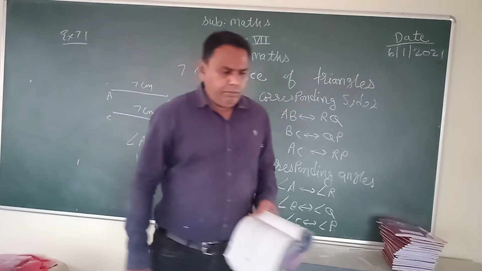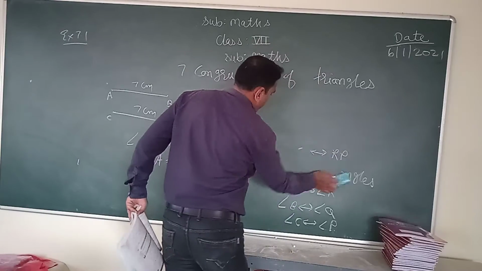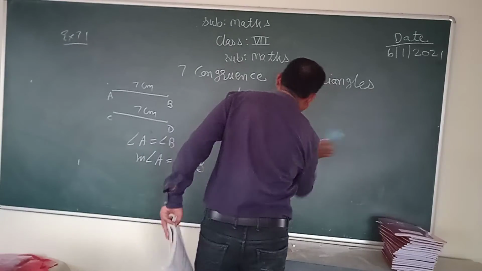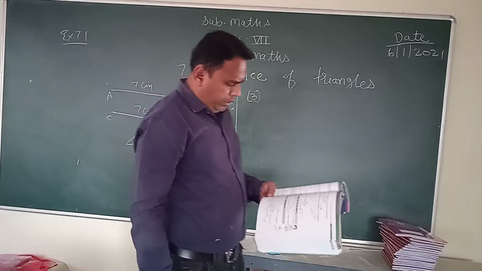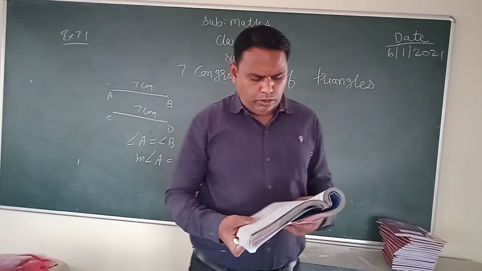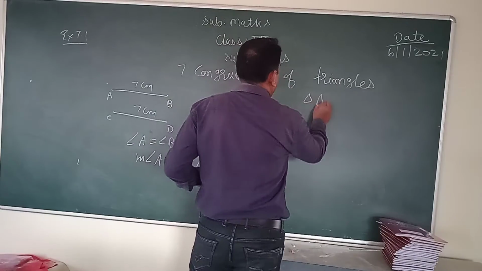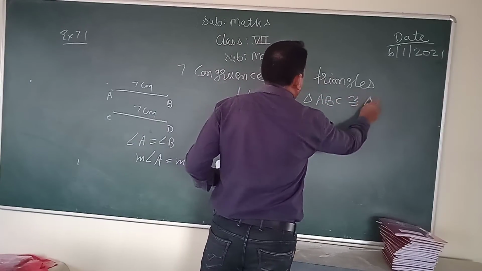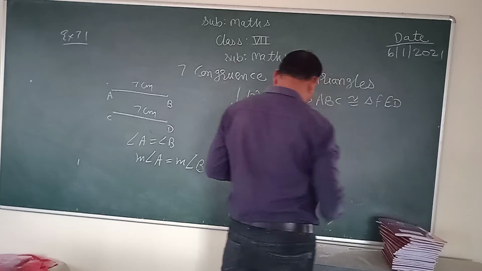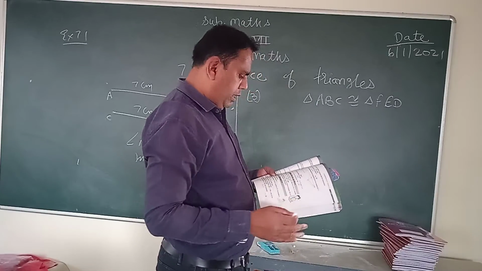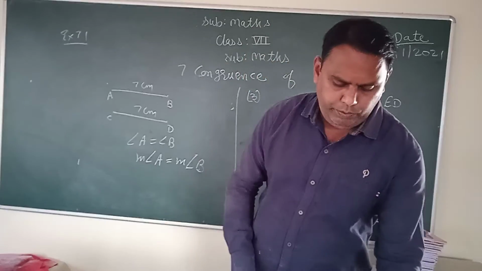Now we see here question number 3. Question 3, if triangle ABC is congruent to triangle FED, and under the correspondence ABC corresponds to FED, write all the corresponding congruent parts.